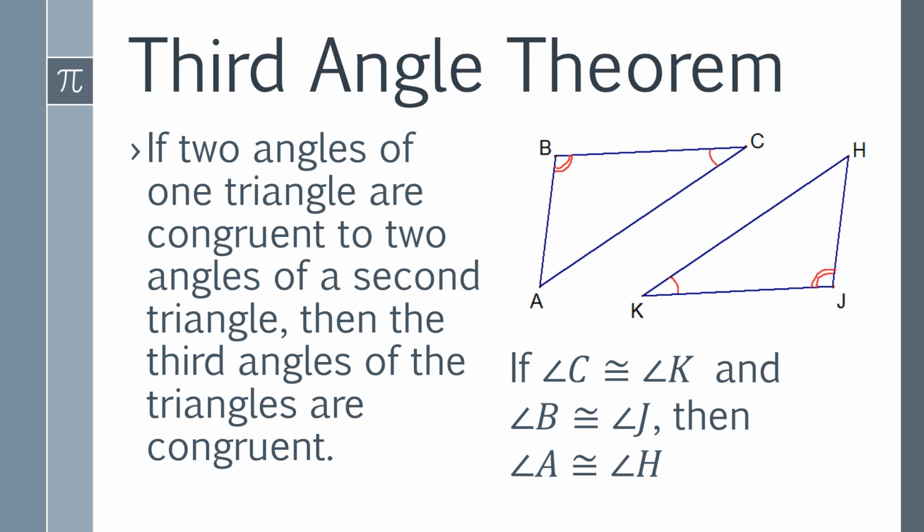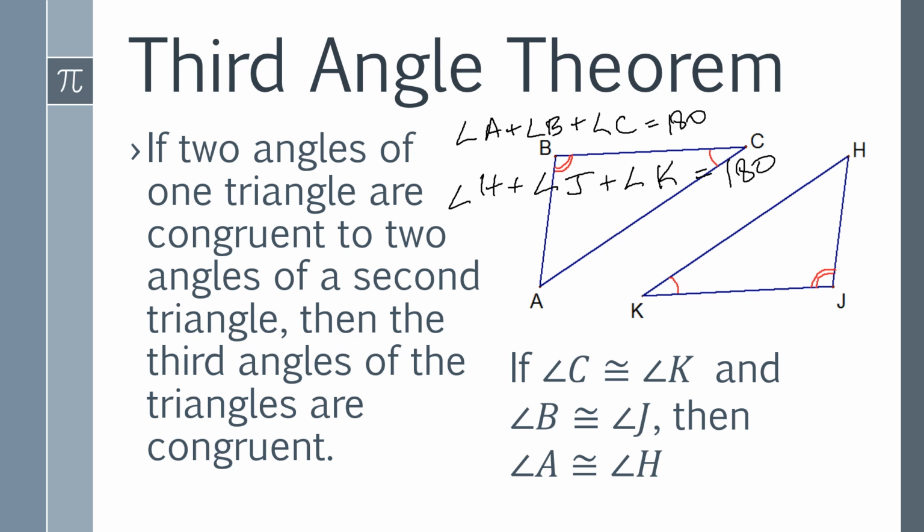So if we were to do a proof of this, we would know that angle A plus angle B plus angle C equals 180. And we also know that angle H plus angle J plus angle K would also equal 180.